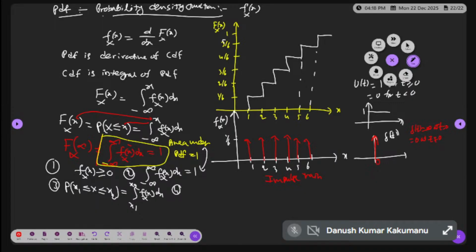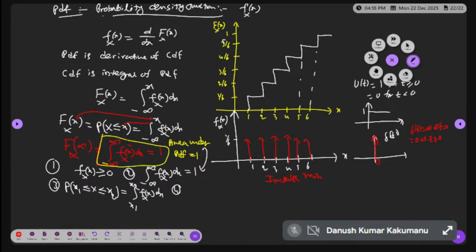Remaining three are continuous. Uniform, exponential, normal. These three are continuous.